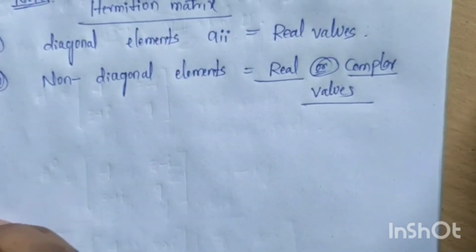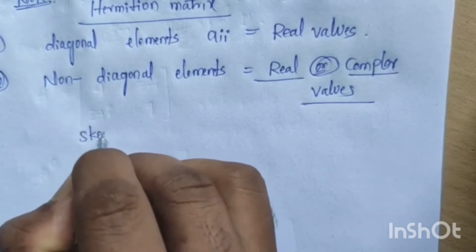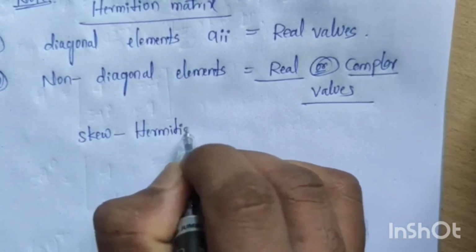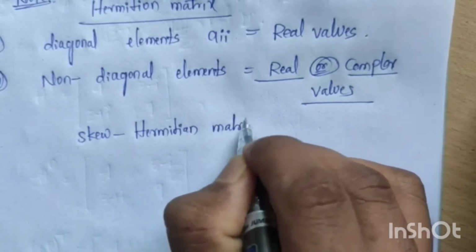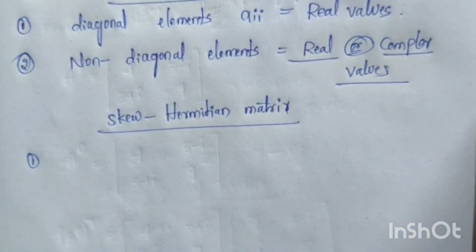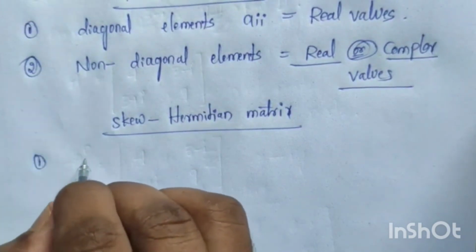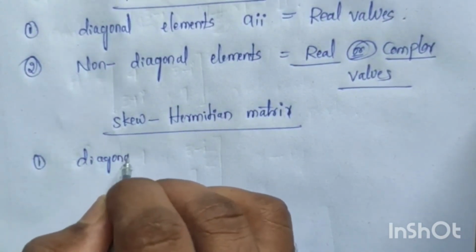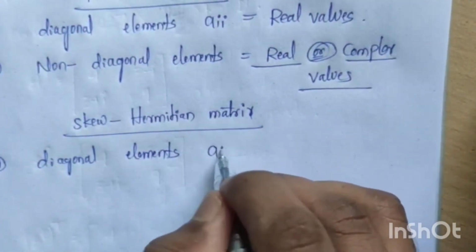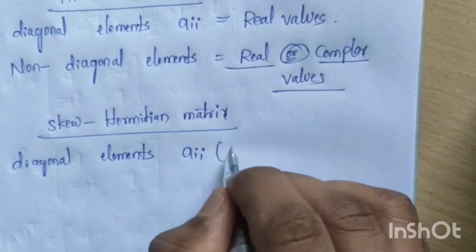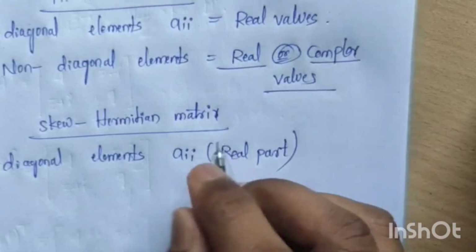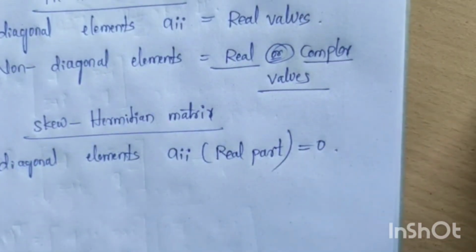The second one, skew-Hermitian matrix. The first note: diagonal elements a_ii have real part equal to 0.